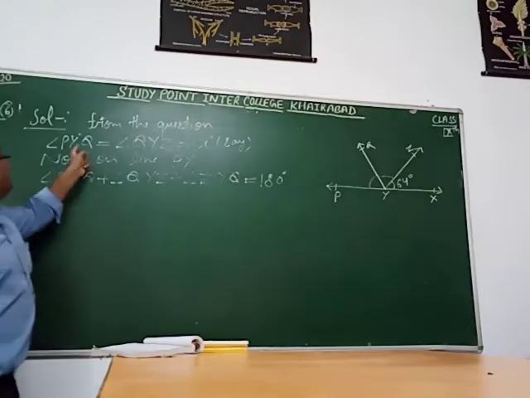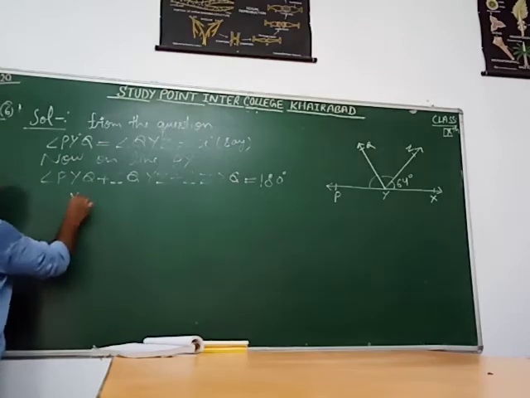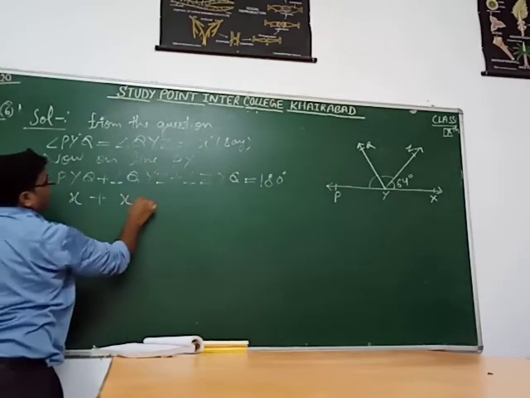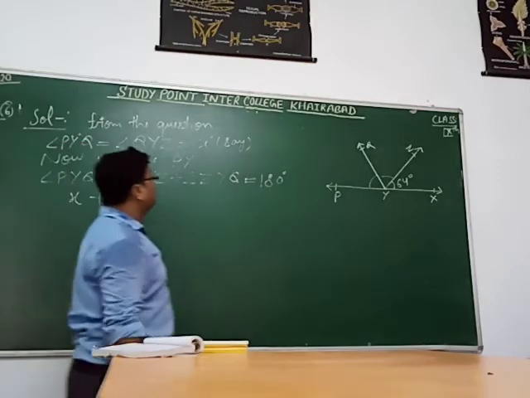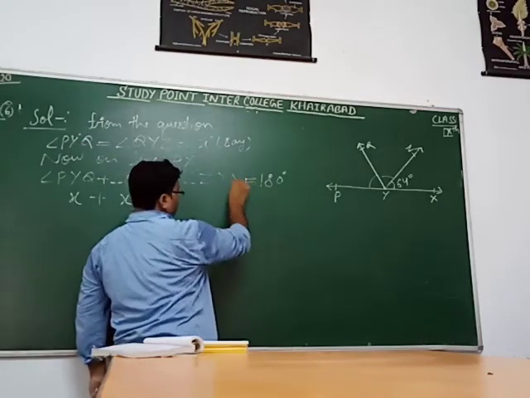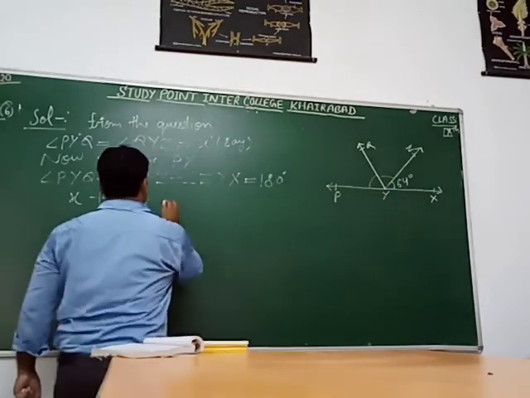Angle PYQ we have assumed x, so put here x, plus QYZ also x, plus ZYX, which is 64.